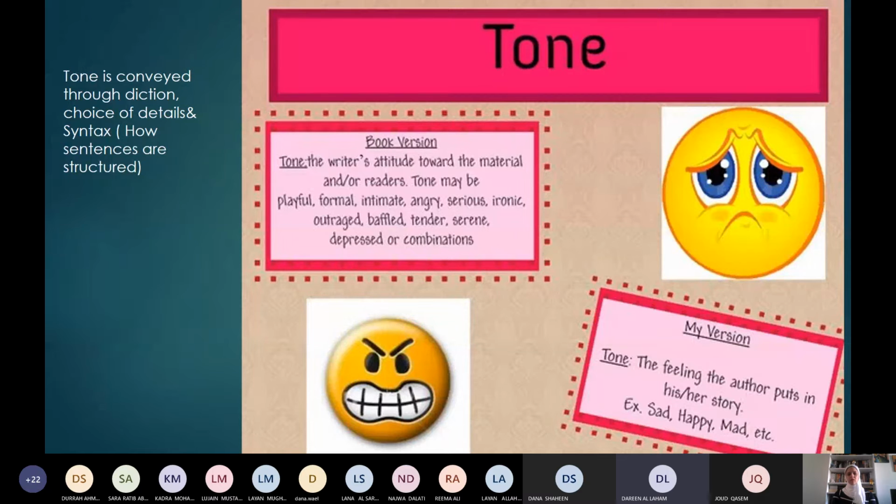Book version: Tone, the writer's attitude towards the material and or reader. Tone may be playful, formal, intimate, angry, serious, ironic, outraged, baffled, tender, sincere, depressed, or combinations.